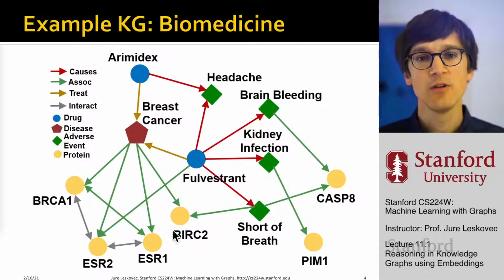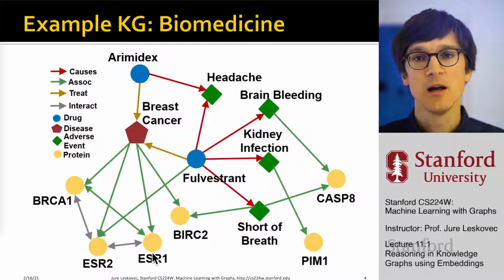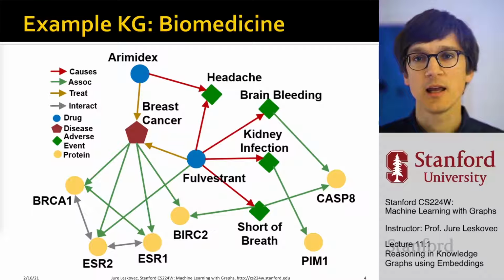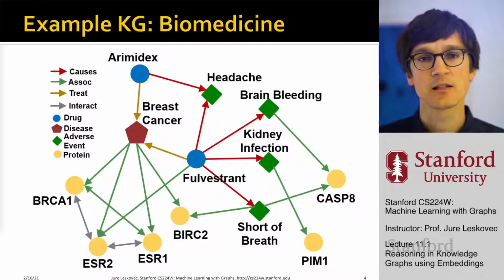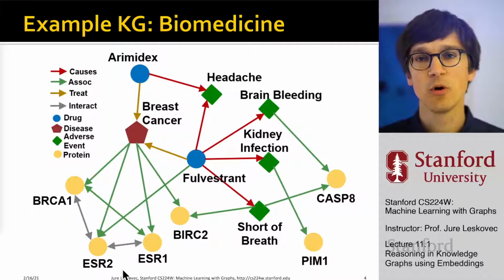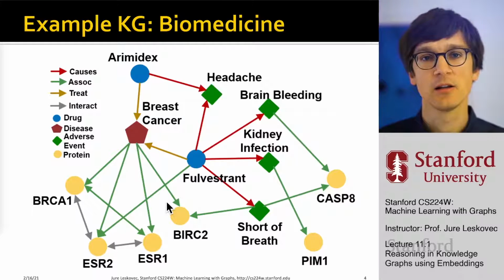And then we'll also have nodes corresponding to proteins that are in our bodies, and proteins regulate and are part of various kinds of biological processes taking part in our bodies and in our cells.